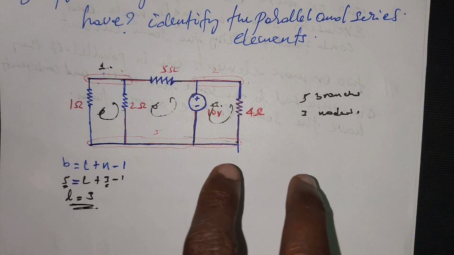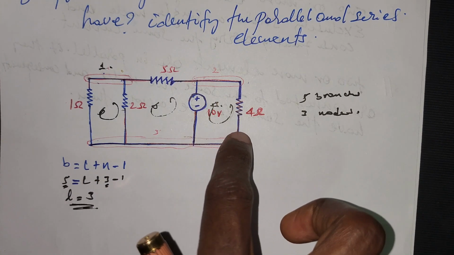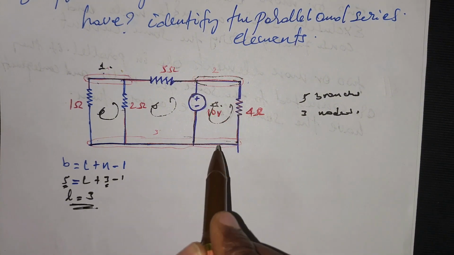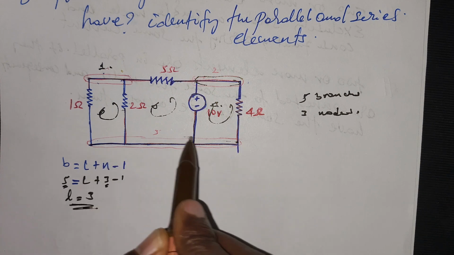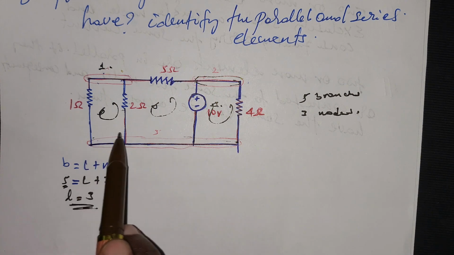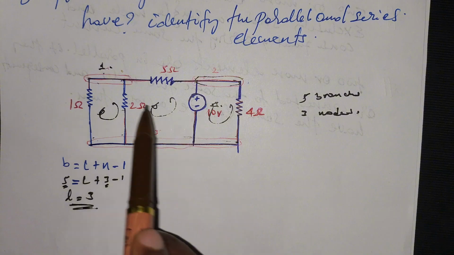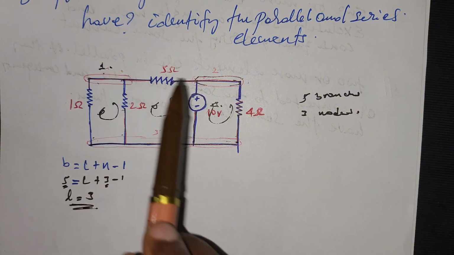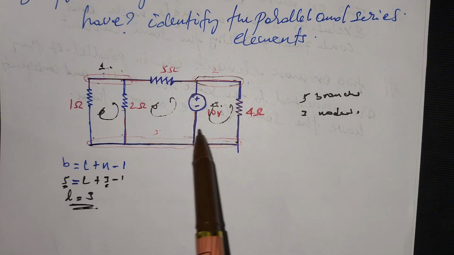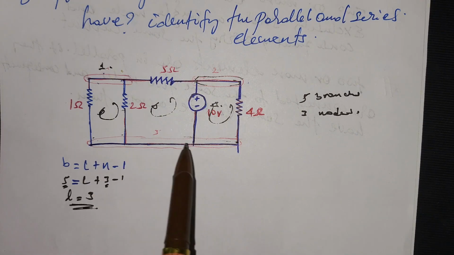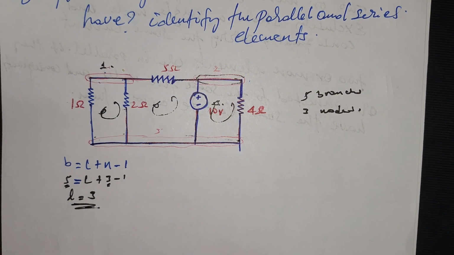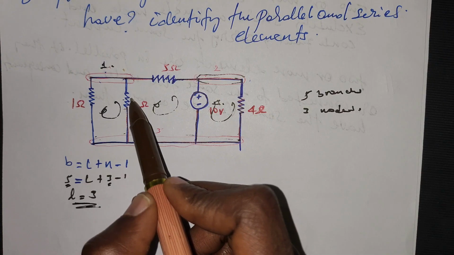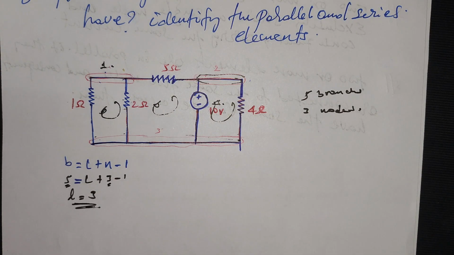The other parallel elements are these two branches because they share node 2 and node 3. These branches and these branches are not in parallel because they share only one node, not the other. So they are not in parallel and not in series. This and this one are neither in parallel nor in series.